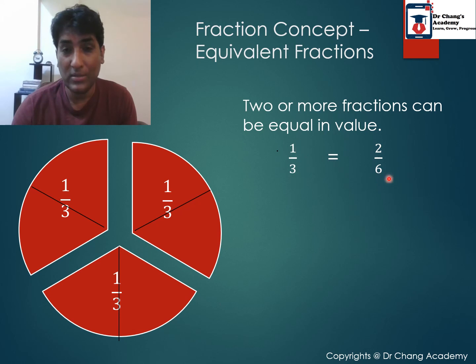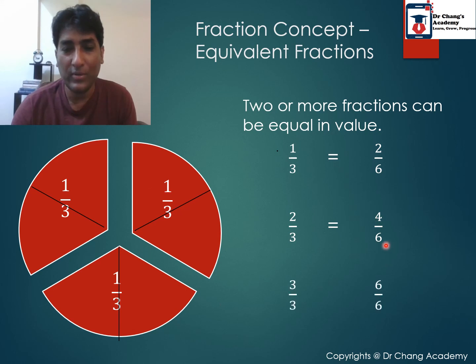So 1/3 is equal to 2/6. Because the whole in terms of 6 parts is 6 parts, and these 2/6 are equal to 1/3. That's why 1/3 and 2/6 are equal. And 2/3, right? 1/3 and 1/3, and in these 2/3 we see 4/6.